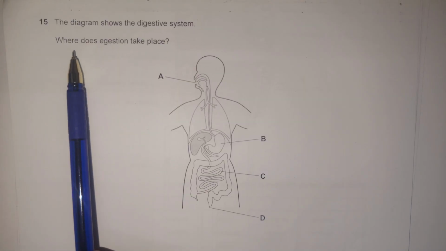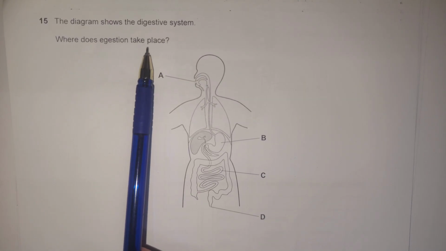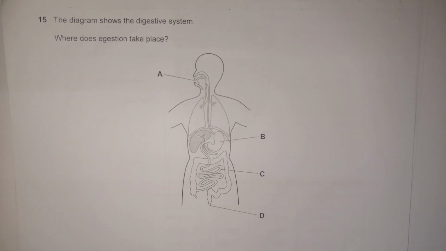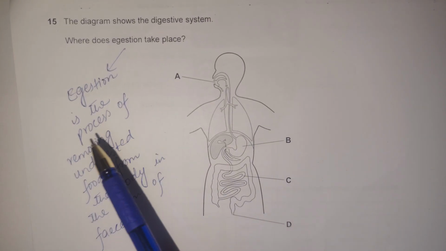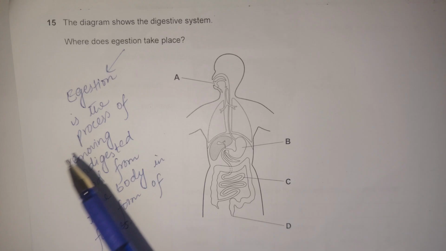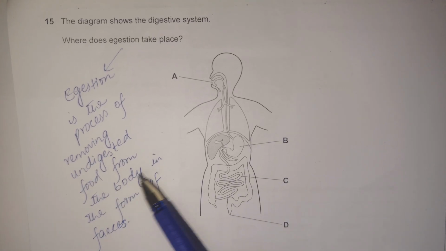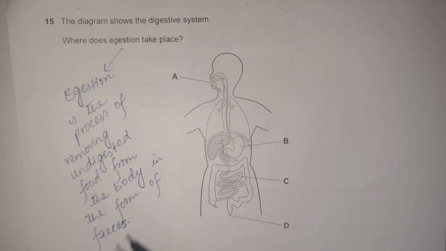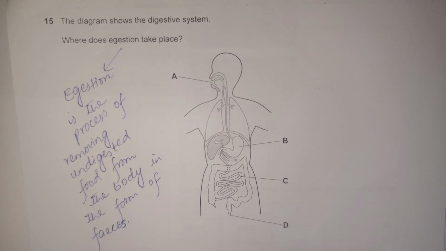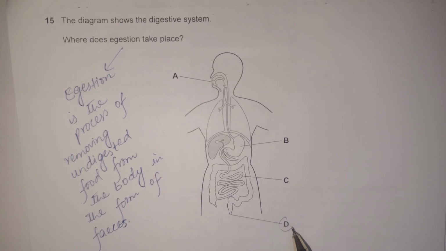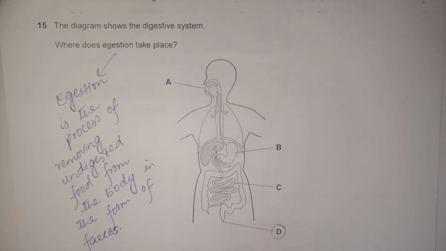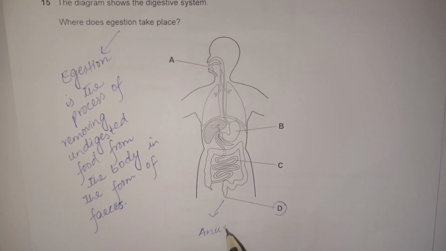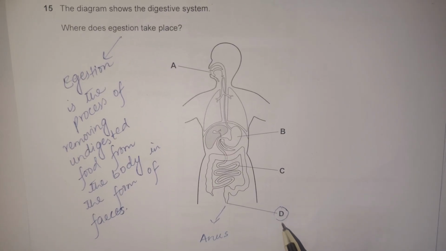The question is, where does digestion take place? So you must know what digestion is. Digestion is the process of removing undigested food from the body in the form of feces. So this process is taken through the anus. This part is known as the anus, and D is our correct answer.